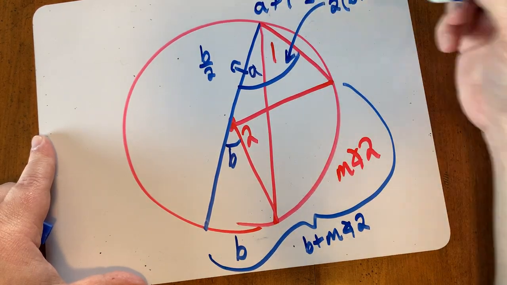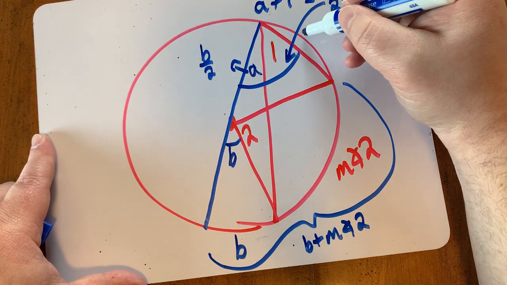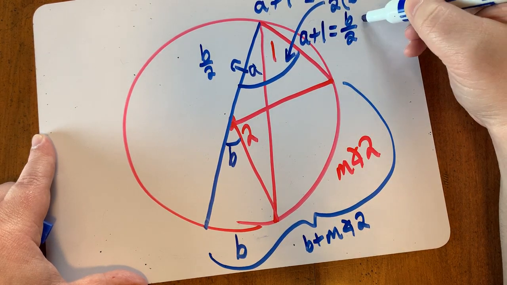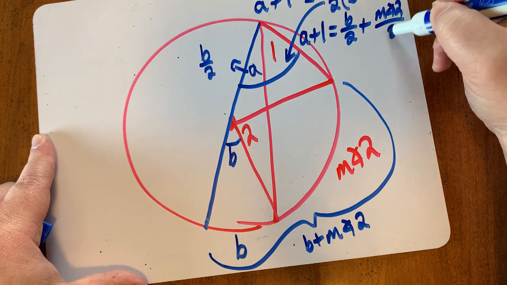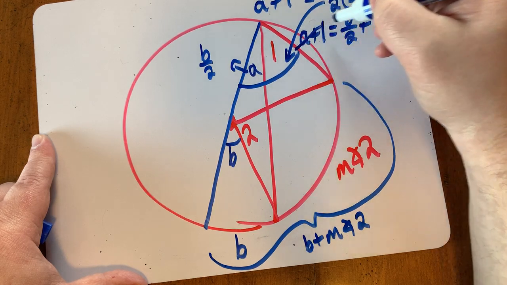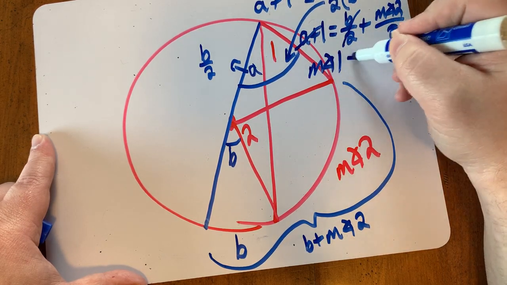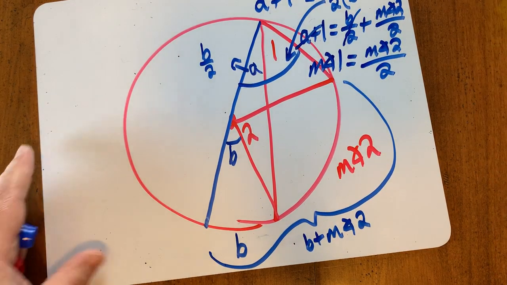So A plus 1. So that means A plus 1 equals B over 2 plus measure of angle 2 over 2. Well, we already just found out that A is the same as B over 2, so those would subtract off to 0. So the measure of angle 1 is half the measure of angle 2.